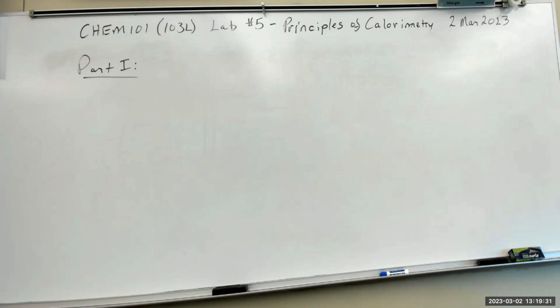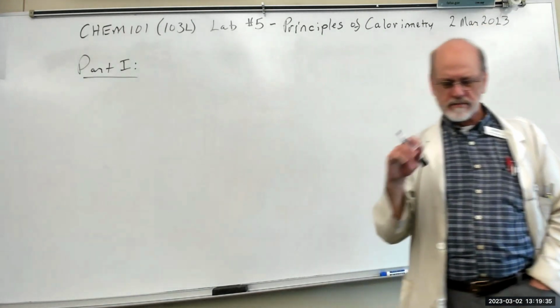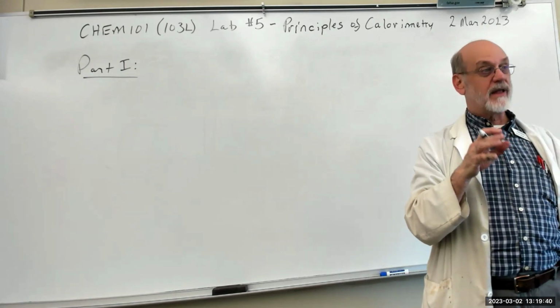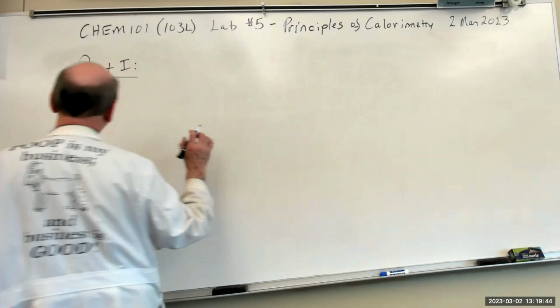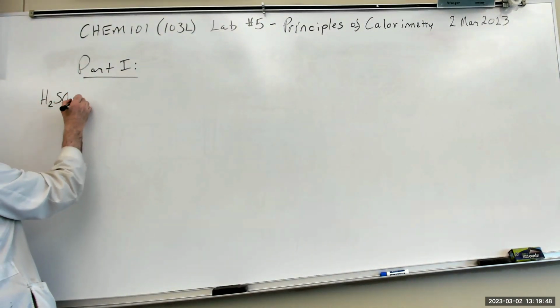The reaction that's taking place. When you've got a chemical reaction going on, a balanced equation always helps. So in this case, we're putting sulfuric acid together, and I think I wrote this one up there already.